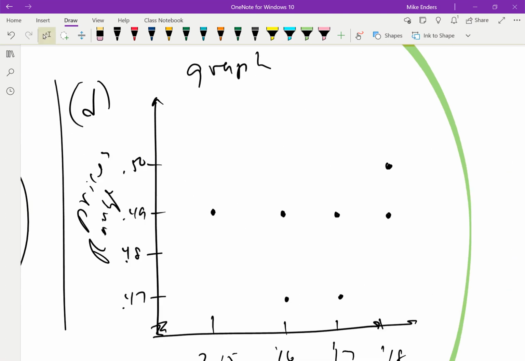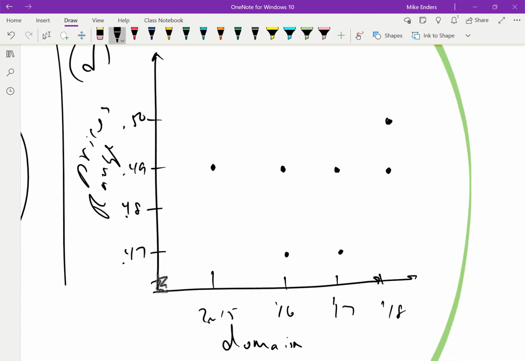If we take a look at a graph, one of the things that we typically employ is what is called the vertical line test. So if I take a vertical line here, the vertical lines are when x equals a particular value. So when x is 2015, how many places does this vertical line get associated with? Well, in this case, at 2015, it's associated with only one value. It's associated with 49 cents.